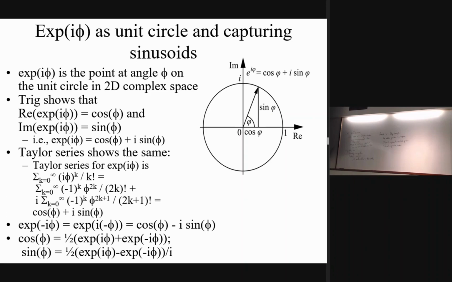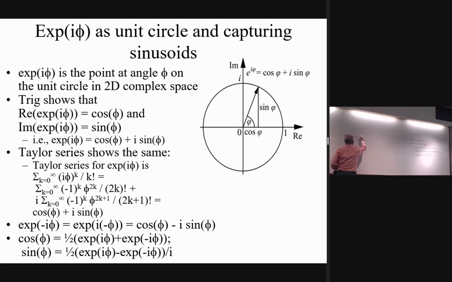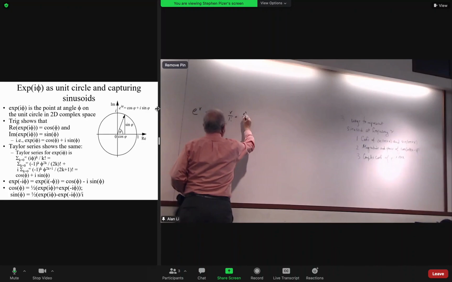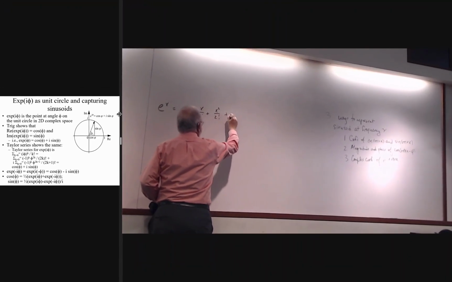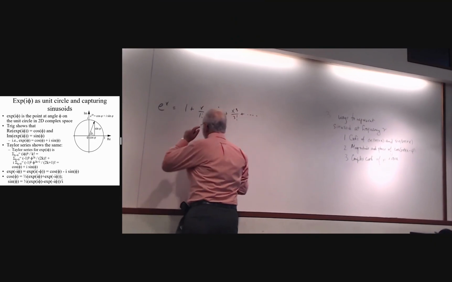There is a function you have all seen, the function e to the x. I'll remind you that e to the x has a Taylor series, which is 1 plus x over 1 factorial plus x squared over 2 factorial plus x cubed over 3 factorial, and so on, right?